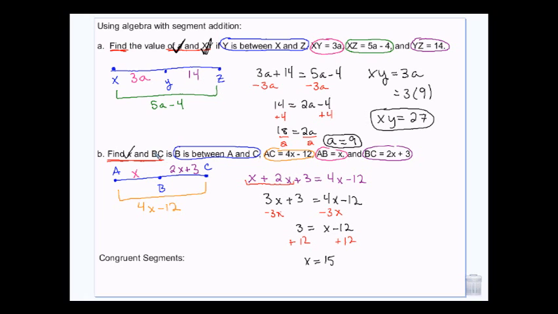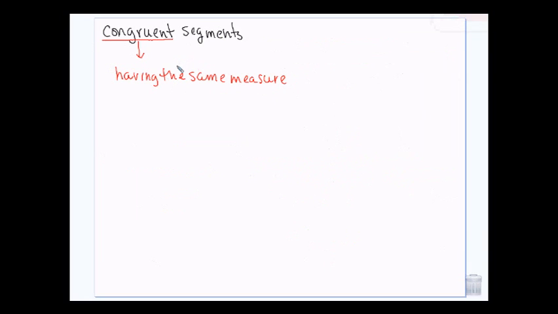I found x, I still need to find BC. BC is 2x plus 3, so I plug in 15, and I get 30 plus 3, which is 33. Okay, so the word congruent means having the same measure. So congruent segments would be segments with the same length.